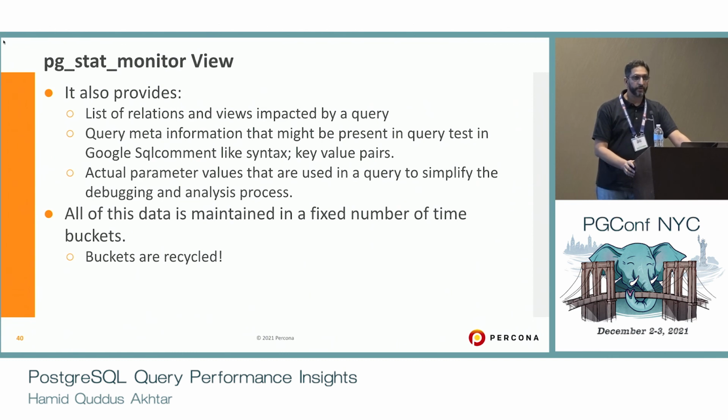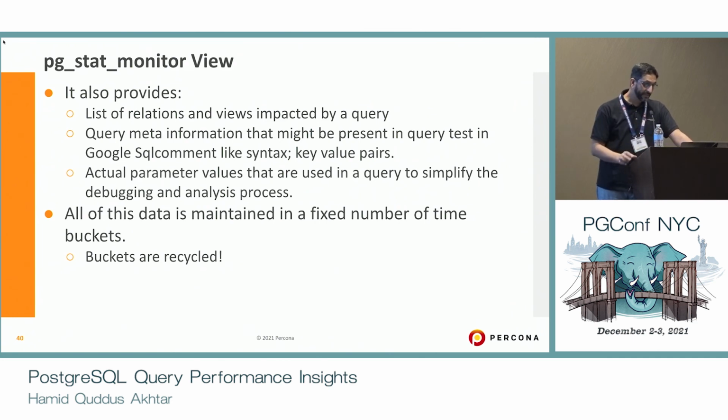Query meta information, if you've stored that as multi-line comments, it's going to capture that and maintain those key value pairs, which can be useful in tracking any metadata about the application. So you can track whether this is coming from application X or Y, so that information can be maintained separately.